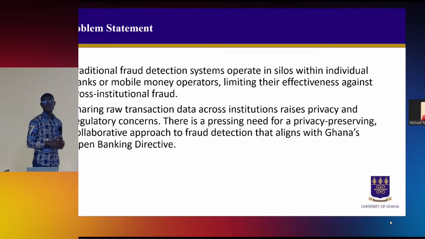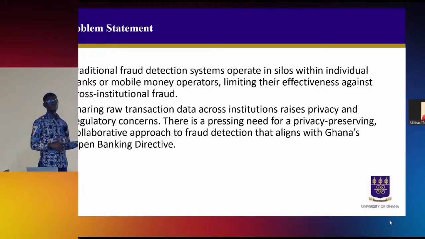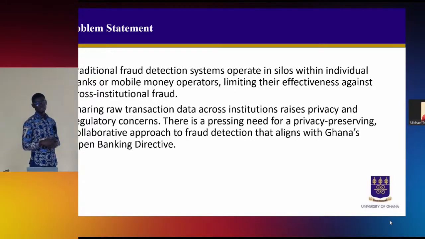We have seen cases where a fraud that occurred in EcoBank, after a number of years, another bank like, let's say, ABSA, is likely to also see similar fraud. This is because they lack this cross-operational or cross-banking platform or functionality. And this is one of the gaps this research aims to resolve.